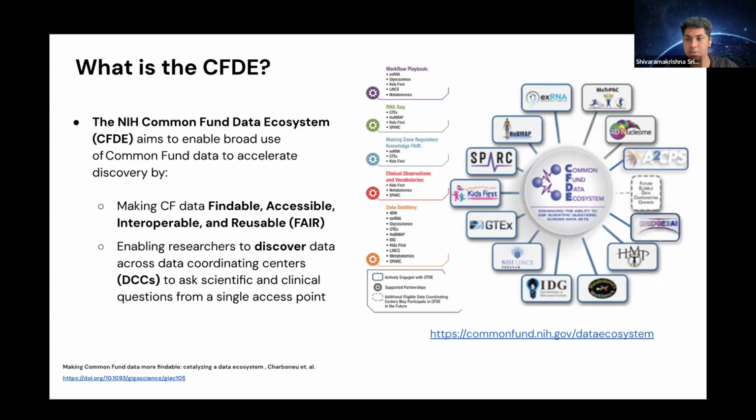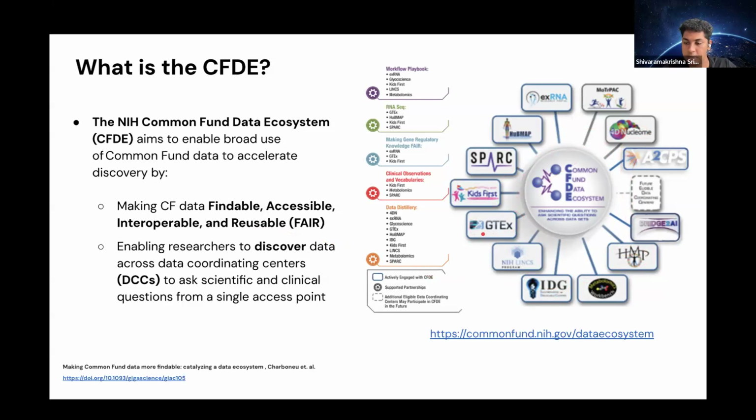For example, the different DCCs are shown over here, and each of these DCCs have their unique experiments and data. For example, the Human Microbiome Project contains rRNA and whole genome shotgun sequencing data that provides information about the microbiome in humans. The 4D nucleome, on the other hand, contains data about chromatin topology, which explores the organization of DNA in the nucleus.